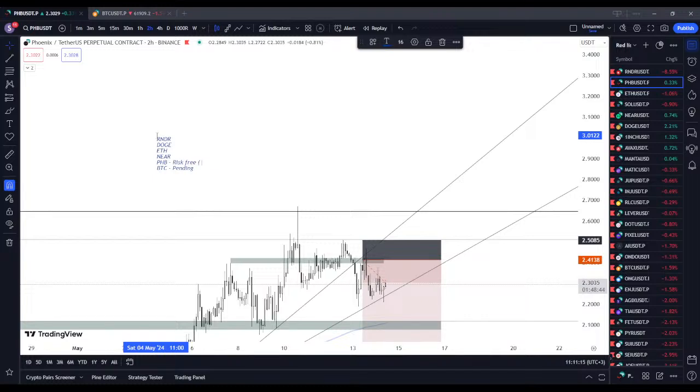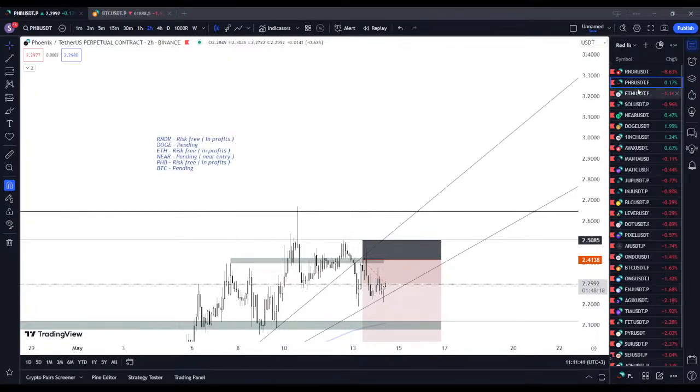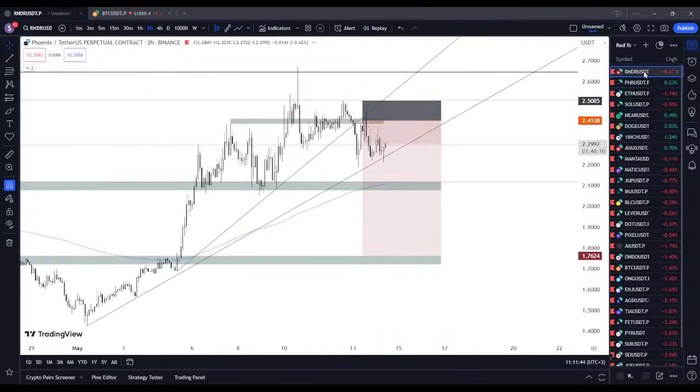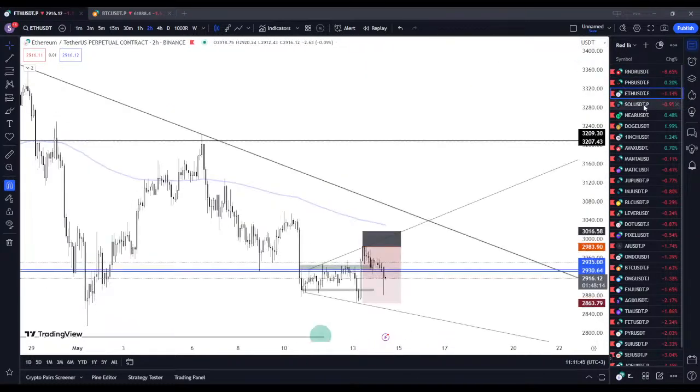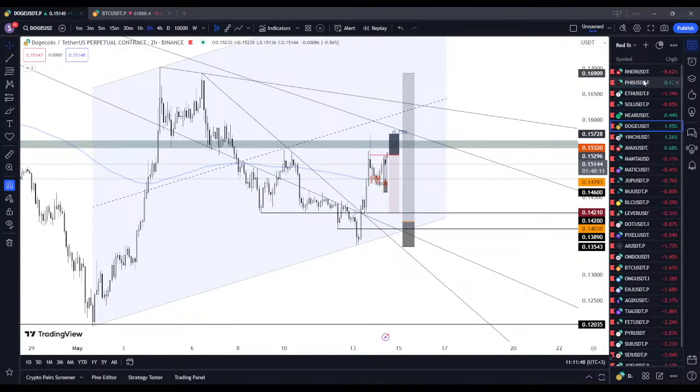PHB risk-free profits. I need to make an update on Discord too. Near pending, near entry. Ethereum risk-free profits. Doge pending. Render risk-free in profits. What? I have something more? Solana actually. I still have Solana. I don't know how many people still have Solana, but now I lost my list.